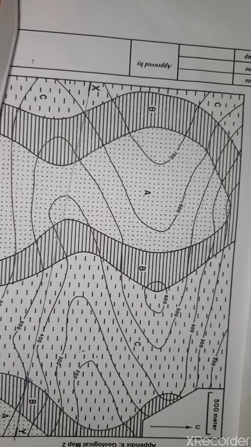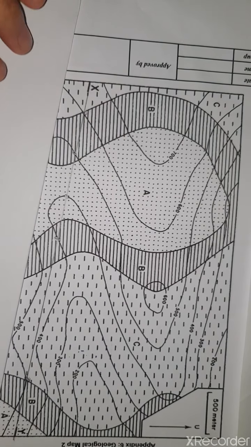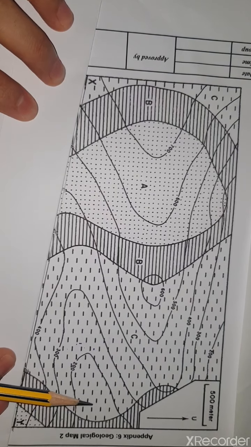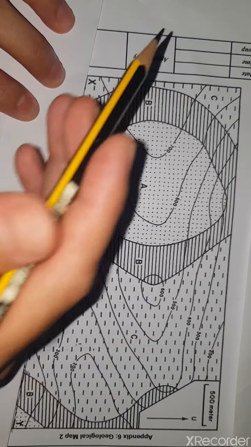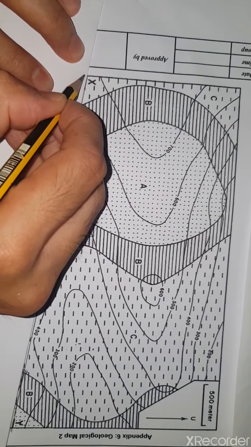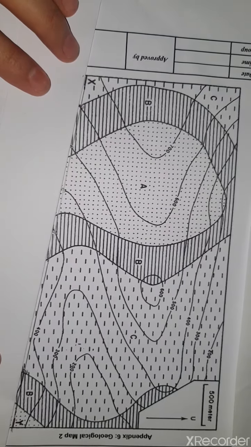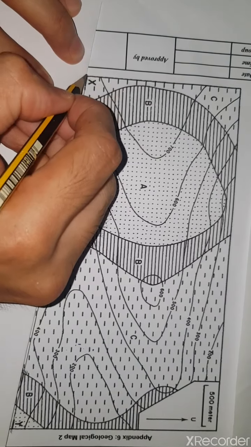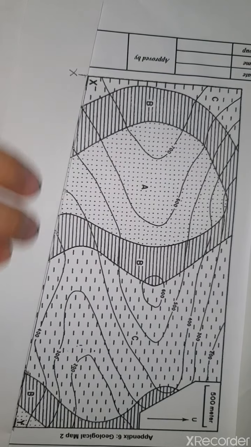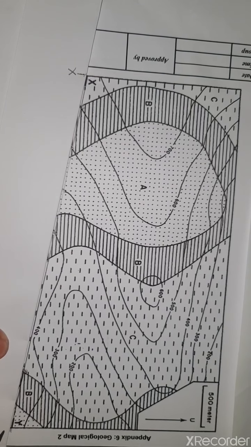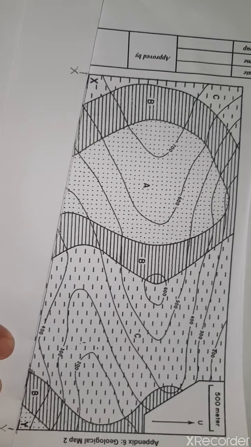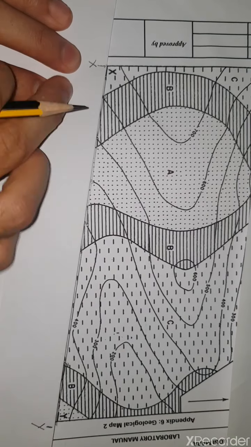Just like the first step earlier, take a piece of blank paper, then mark the points of X and Y.